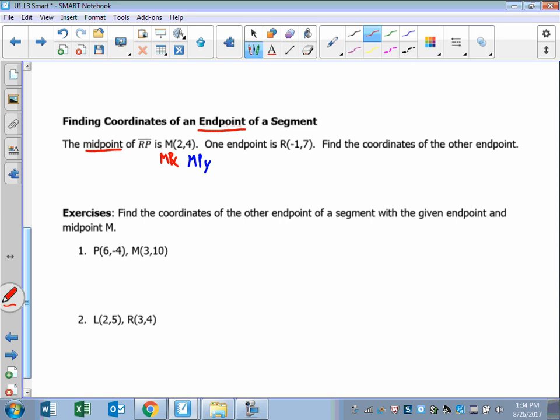And then one endpoint is -1, 7, so we have our x1 or x2, doesn't matter, and we have our y1 or y2, it doesn't matter. They just have to be the same. So now if we think about the equation, well, it was x1 plus x2 divided by 2 equals the midpoint of x.